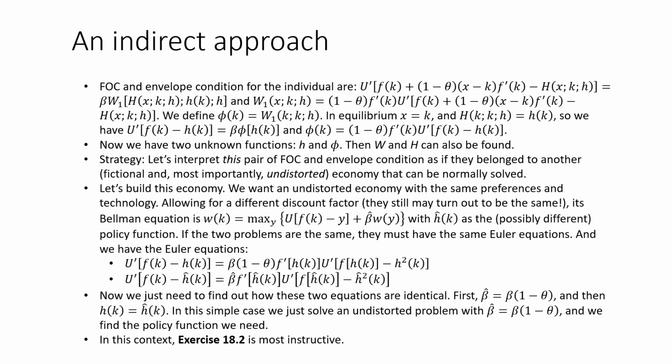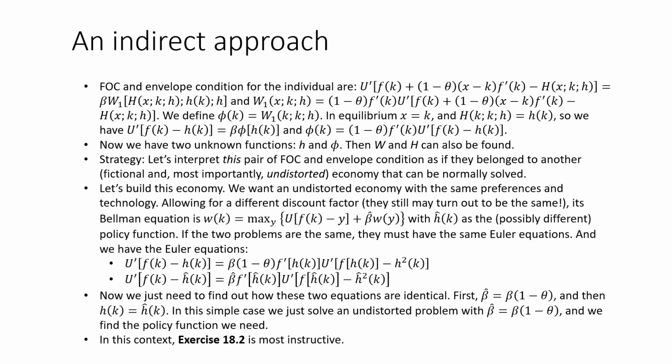And after this stage, we can check the conditions under which these two Euler equations can be regarded as the same. So here you are, we have the two Euler equations, and you can see that these two equations are quite similar. There is some difference though.